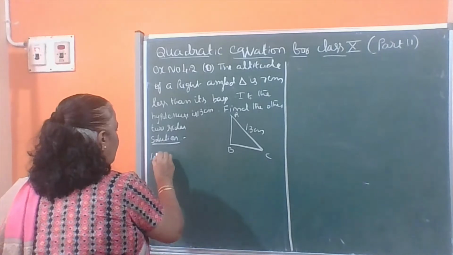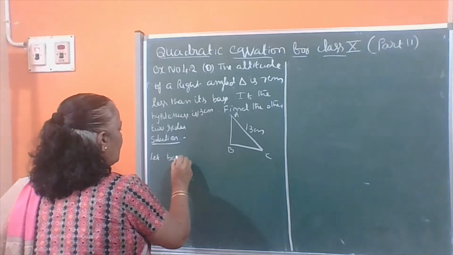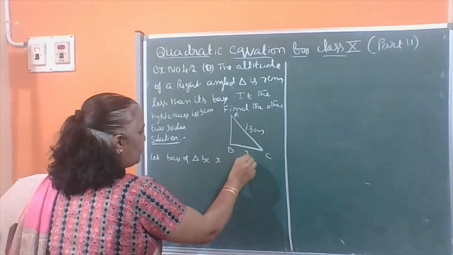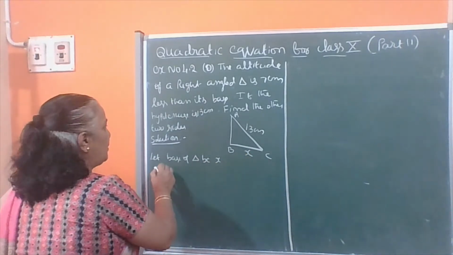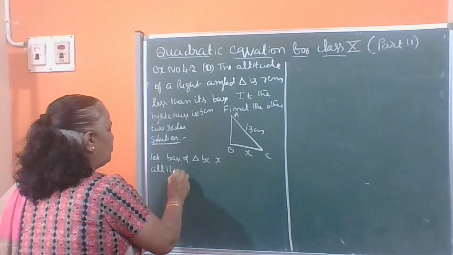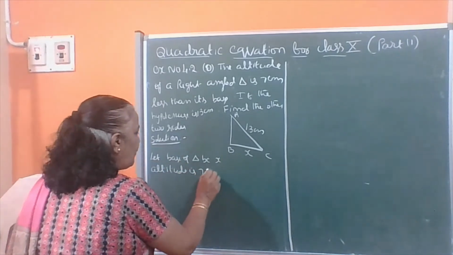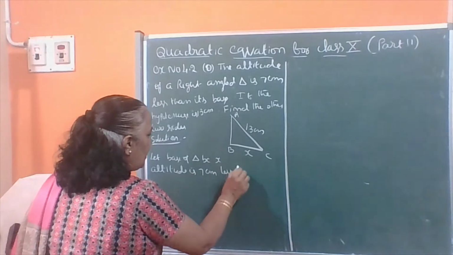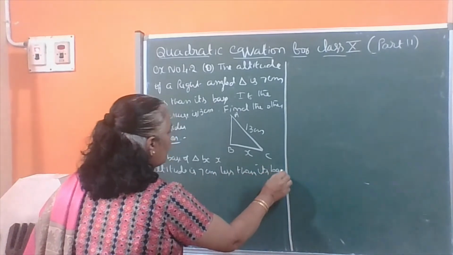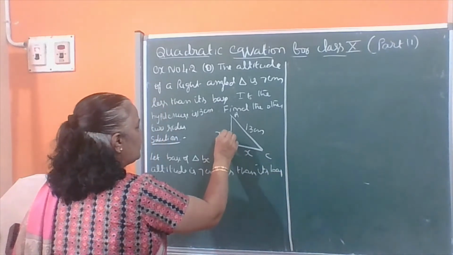Let the base of the triangle be x. This base is x, and the height or altitude, altitude is 7 centimeter less than its base, that is x minus 7.